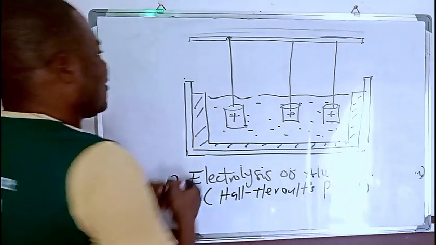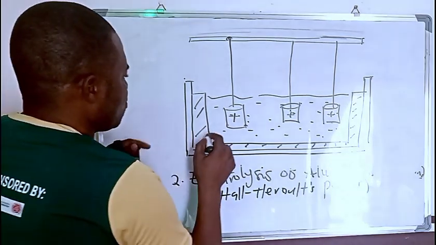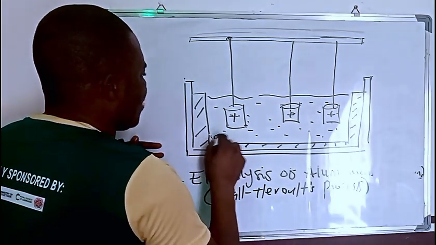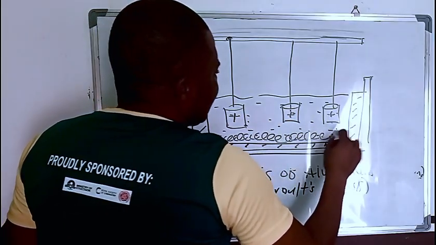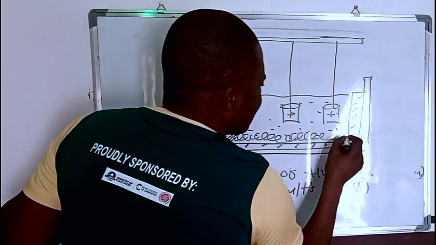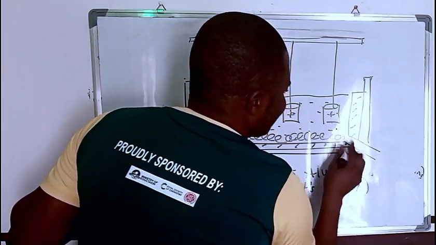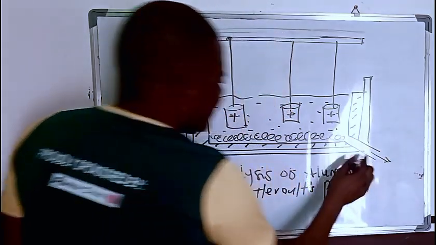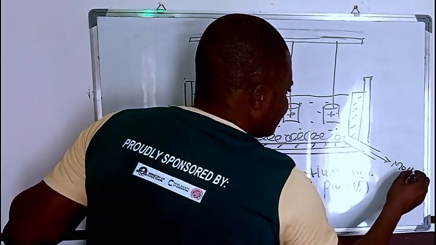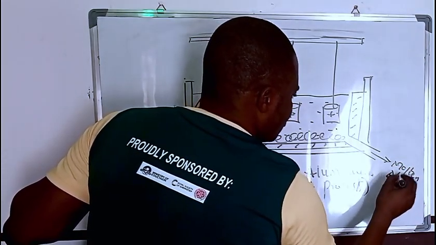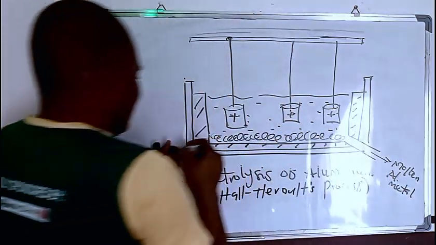All right, so now we're going to have a deposition here, and from this corner we have an exit. This exit brings us to collecting the molten aluminium metal.